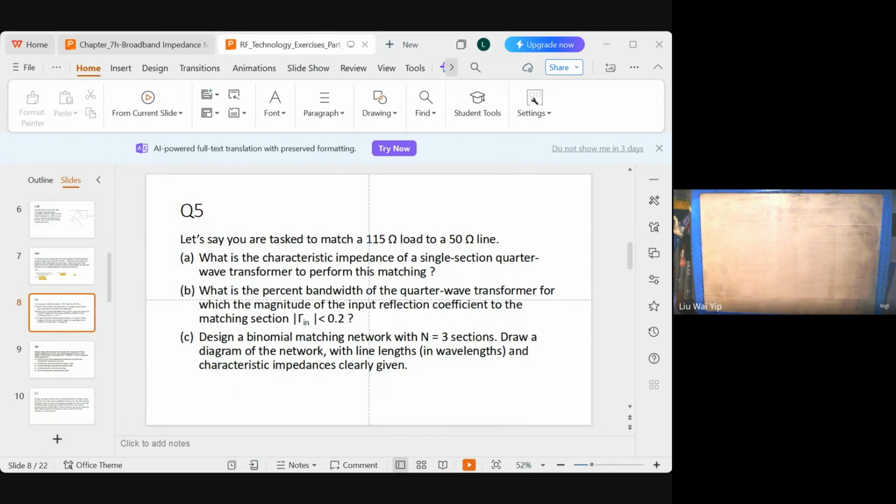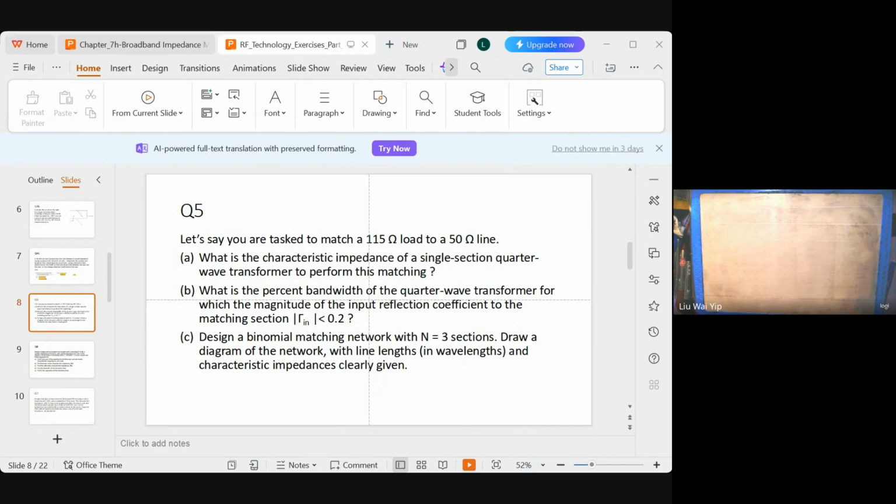The question asks you to match a low impedance 115 ohm load to a 50 ohm transmission line. What is the characteristic impedance of the single section quarter wave transformer to perform this match?